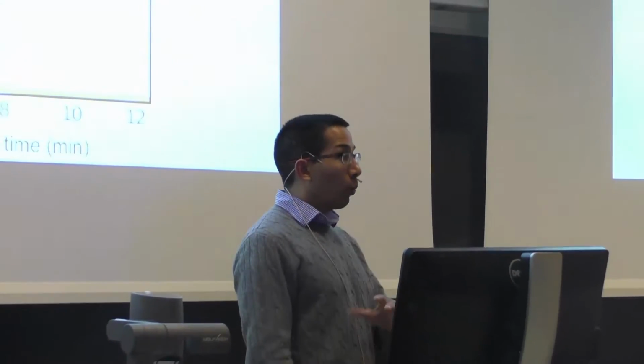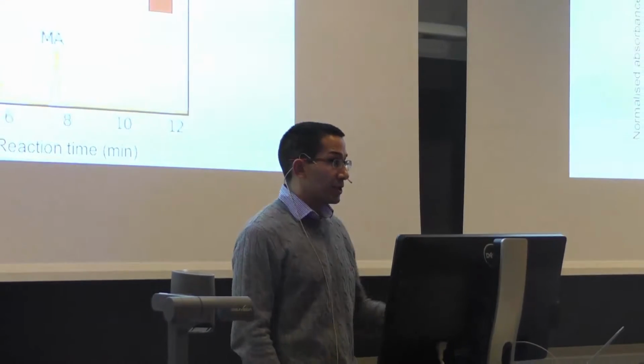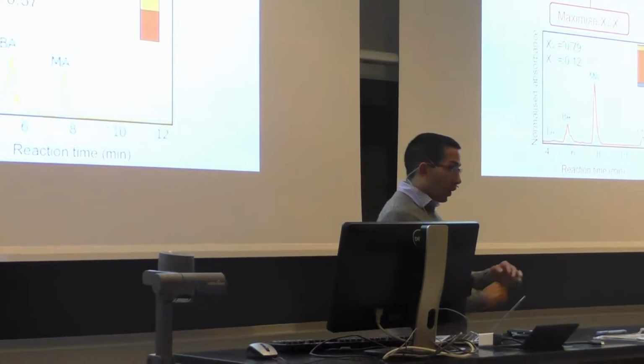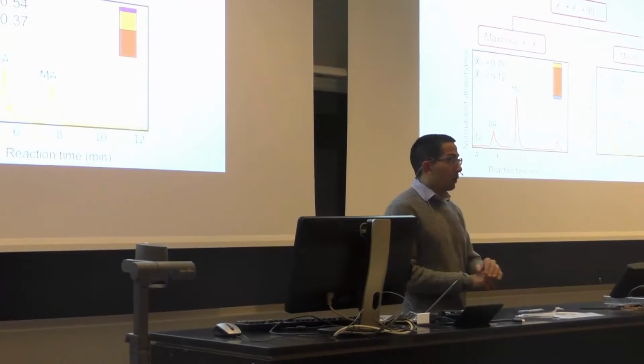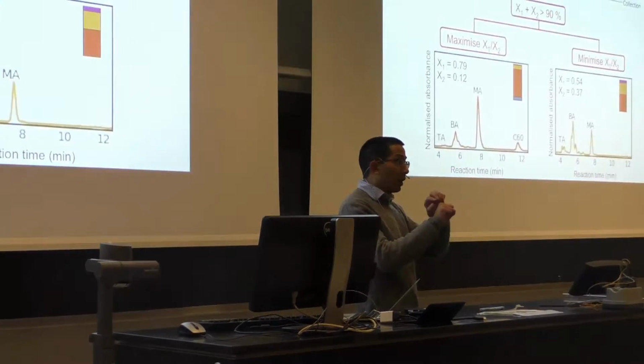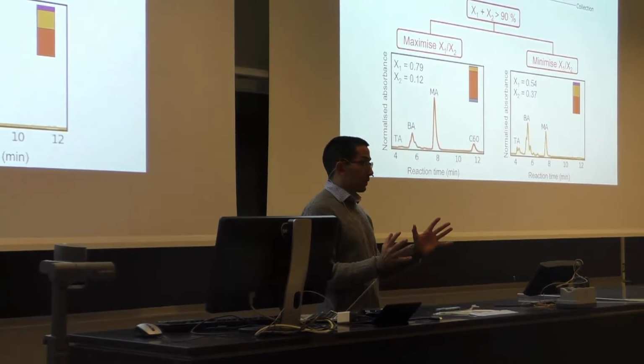So there's a slight distinction between optimization and design of experiments. In design of experiments, typically, you decide up front what conditions you're going to test. Allowing for a certain amount of randomization, you try to fill the parameter space.